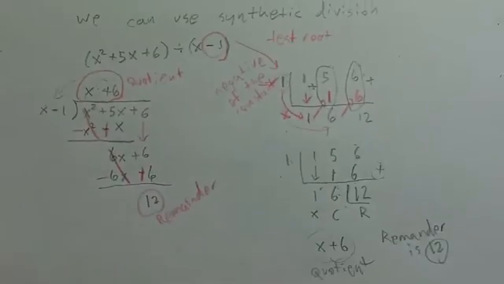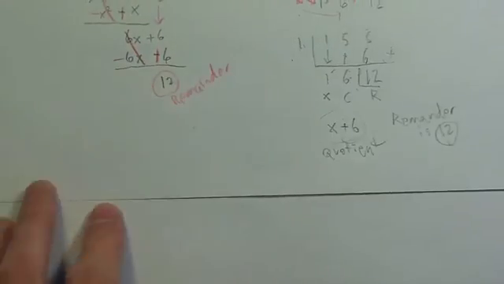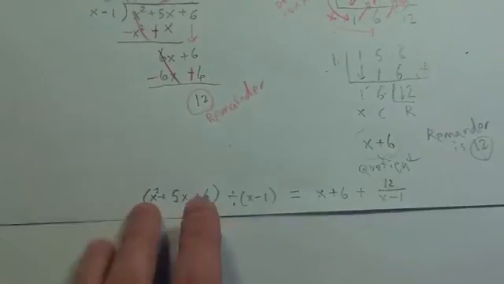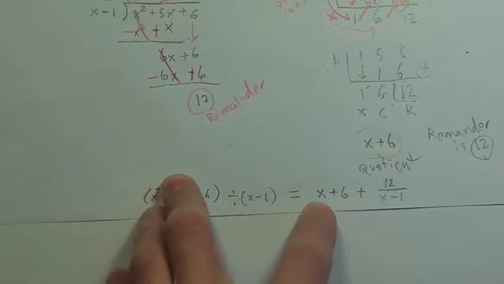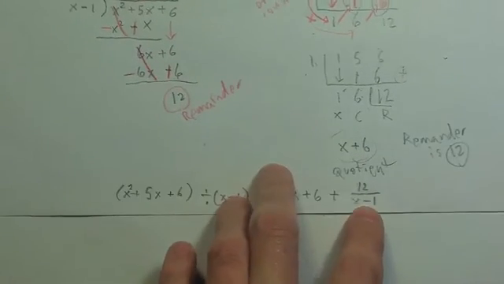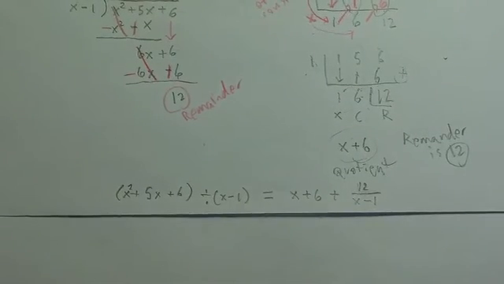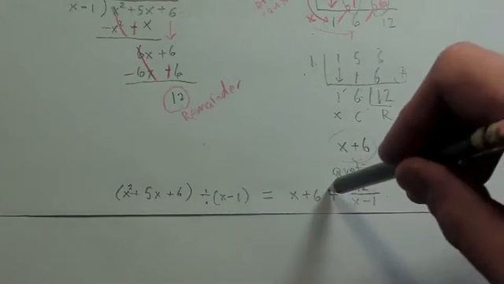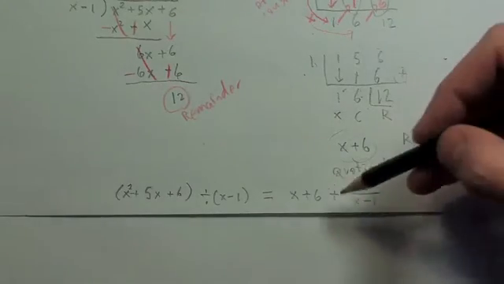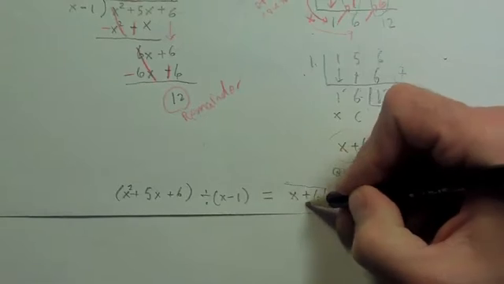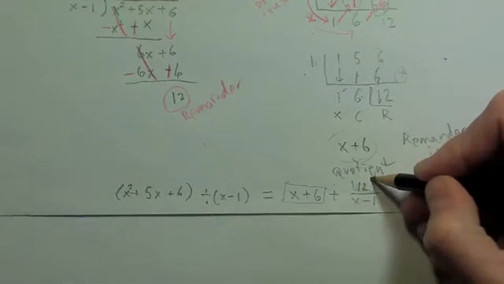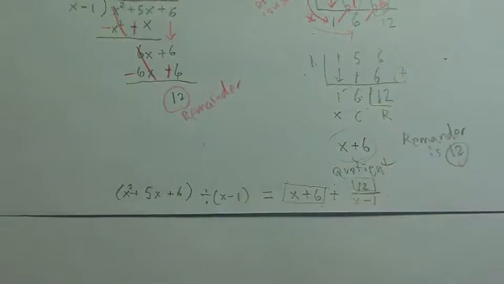So when we do this division, x squared plus 5x plus 6 divided by x minus 1, we get x plus 6 plus 12 over x minus 1. I keep showing it like this because this is how MyLabsPlus asks you to write your answers. It's going to have a portion for your quotient, and a portion for your remainder that goes over the divisor. Fair enough?